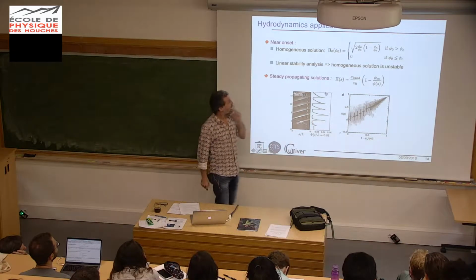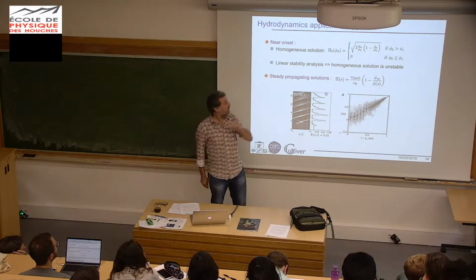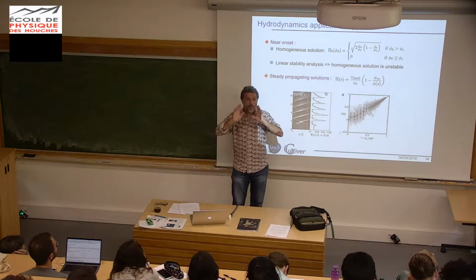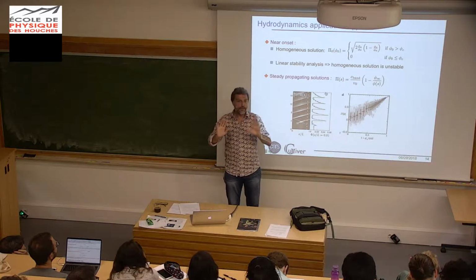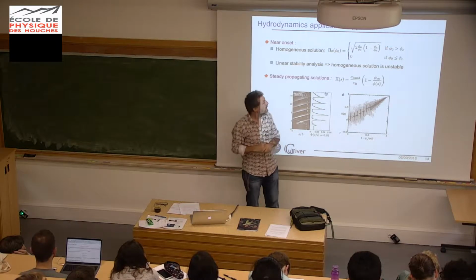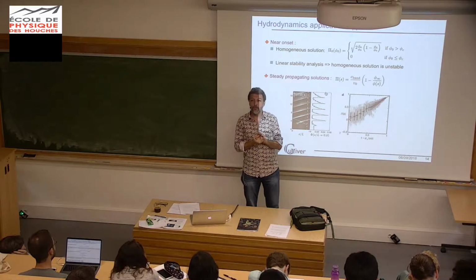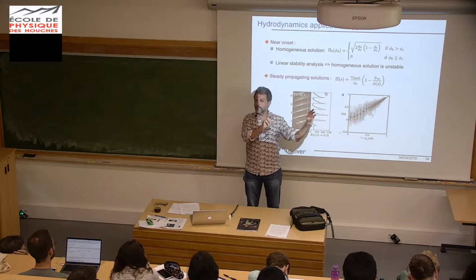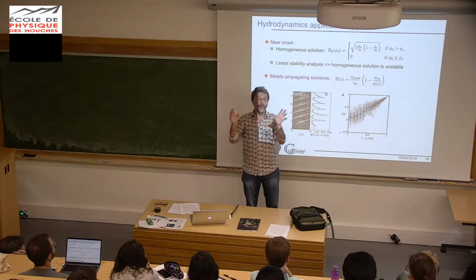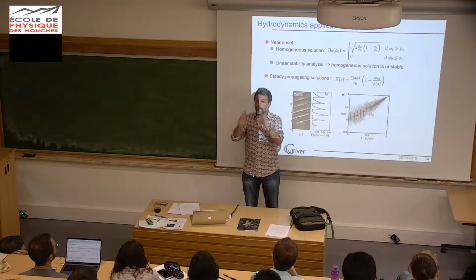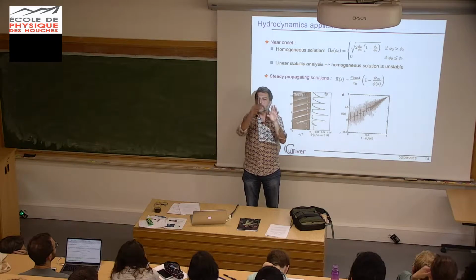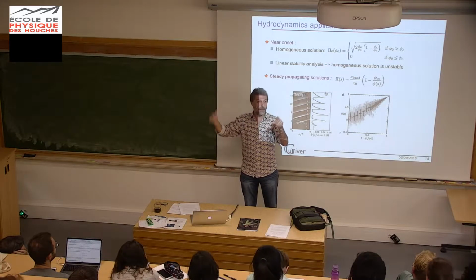There is something you can do, though. Let's imagine we are still close to threshold, so that the average polarization is still small, otherwise we cannot use that hydrodynamics. And let's consider these bands. We look for a traveling solution: the polarization and the mass are both traveling, in a 1D context, as a function of space minus some velocity times t.